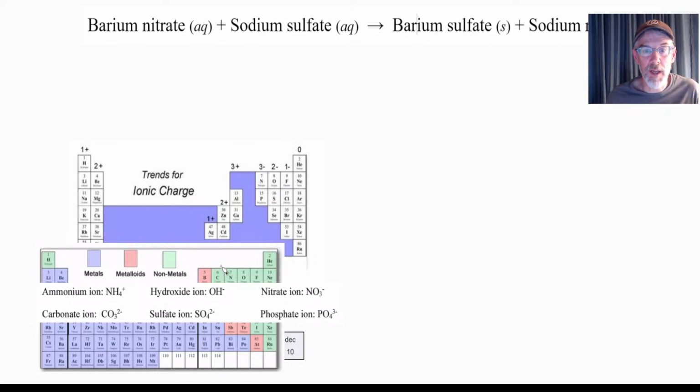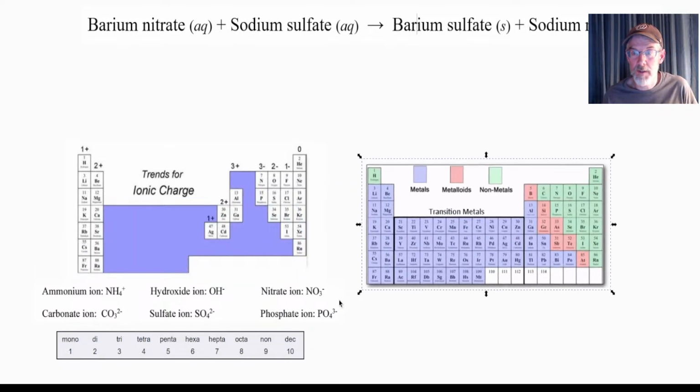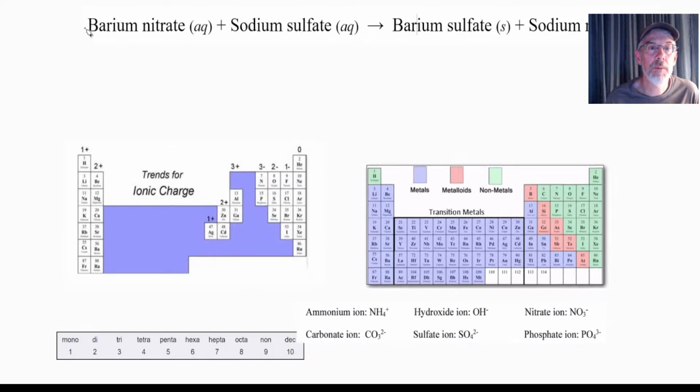When I see something like this, I see barium nitrate. That 8 tells me I have a polyatomic ion. So we have lots of polyatomic ions here. So barium nitrate. Here's barium, and the nitrate's NO3 minus.